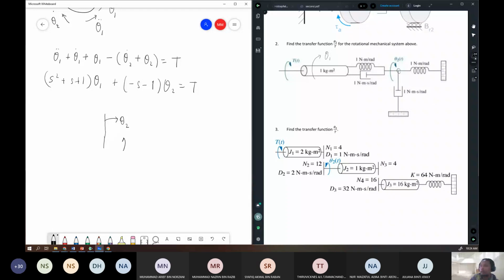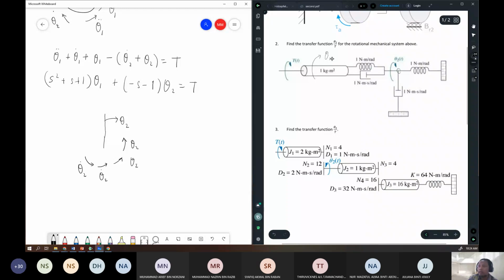So we have theta 2 from spring number 1, and then this is from spring number 2, and then this is from damper number 1, and this is from damper number 2. And then the spring number 1 and damper number 1 here is also connected with theta 1. So we have the torque contribution from theta 1.